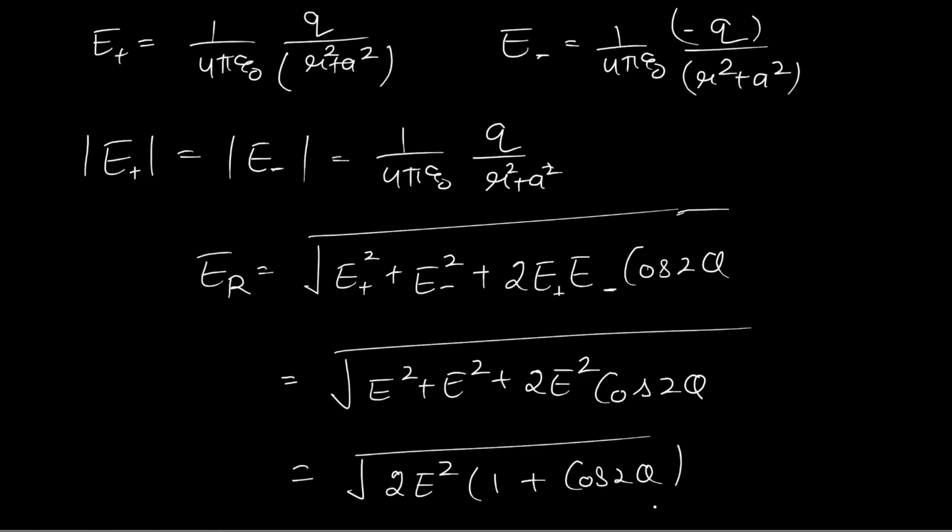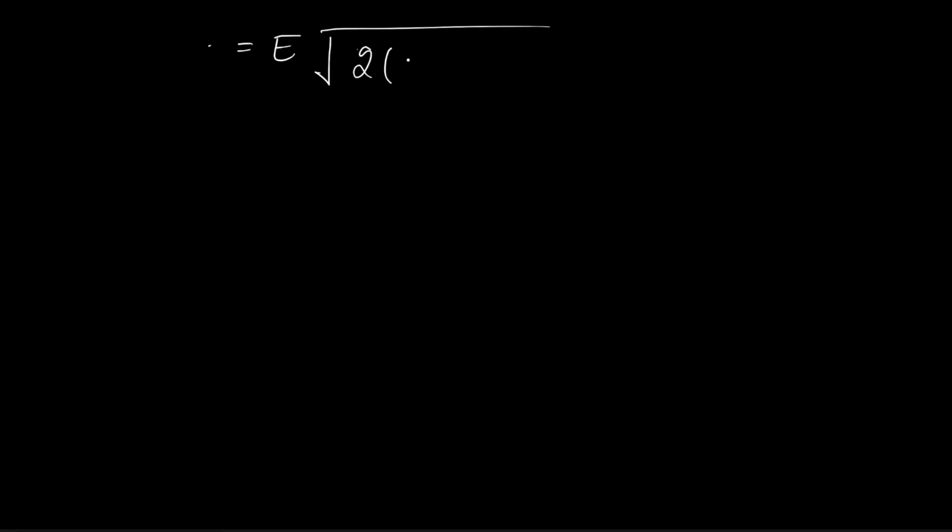Then you can use the identity: E_R is equal to under root 2E square times 1 plus cos 2 theta.